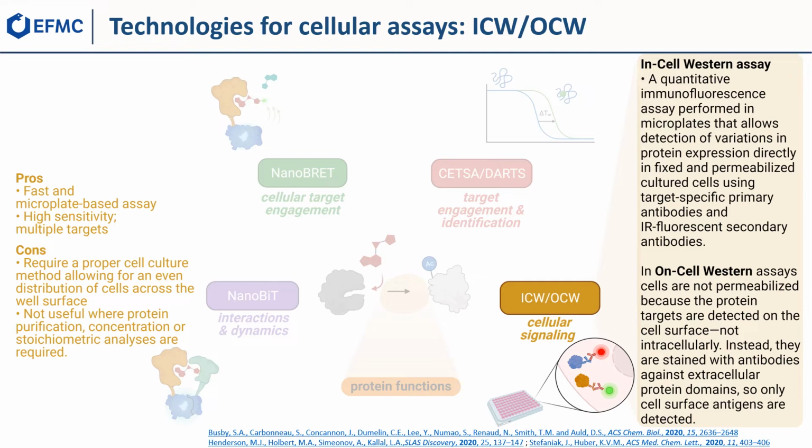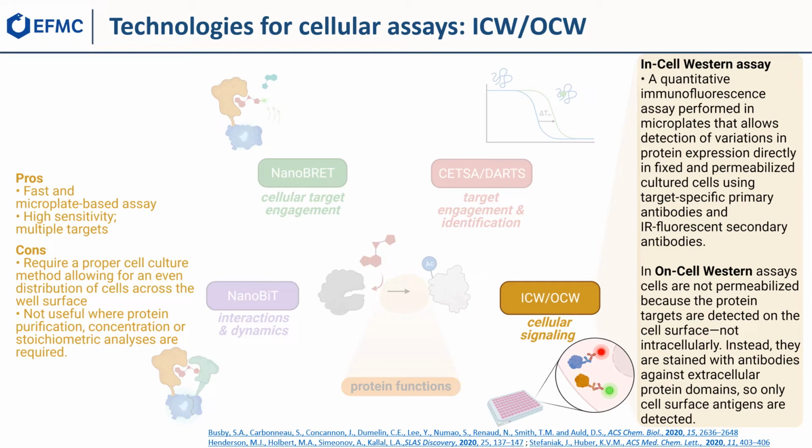However, the permeabilization process can compromise the detection of antigens present on the cell membrane. With On-Cell Western assays, cells are not permeabilized because the protein targets are detected on the cell surface, not intracellularly. Instead, they are stained with antibodies against extracellular protein domains, so only cell surface antigens are detected. The cells in both assays can then be imaged either live or post-fixation.